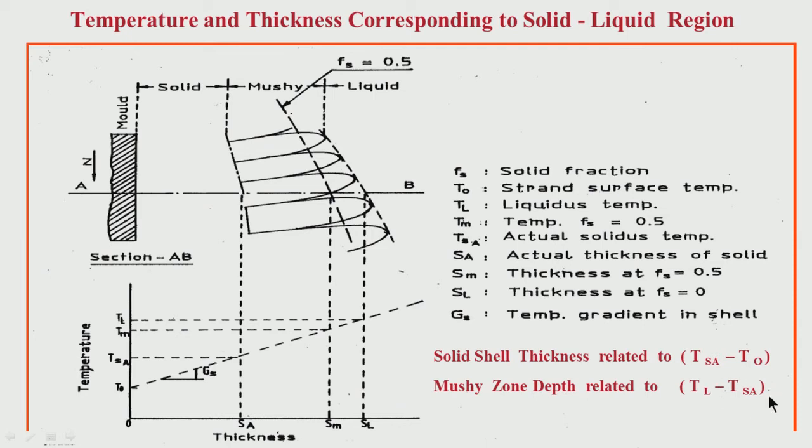Since segregation is bringing down this actual solidus, TL, that means the liquidus, is more or less constant, T0 is more or less constant.